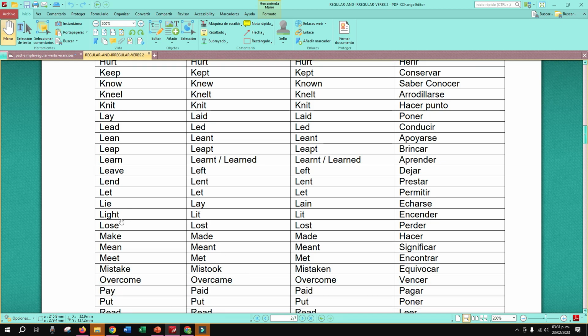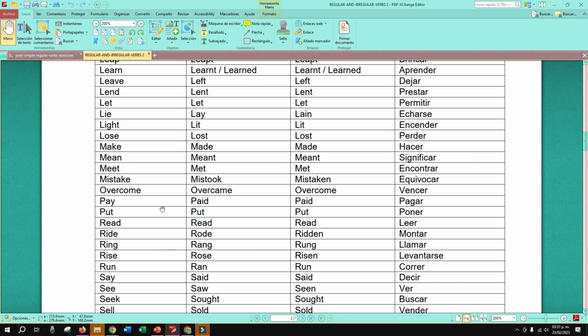Laid, light, lit, lose, lost, make, made, mean, meant, meet, met, mistake, mistook, overcome, overcame, pay, paid, put, read, read. Be careful with this one because the spelling is the same but the pronunciation is different.